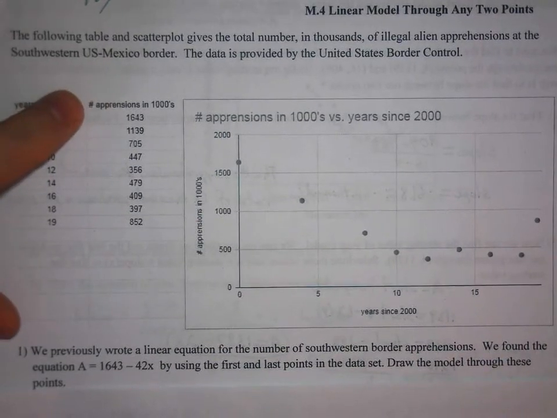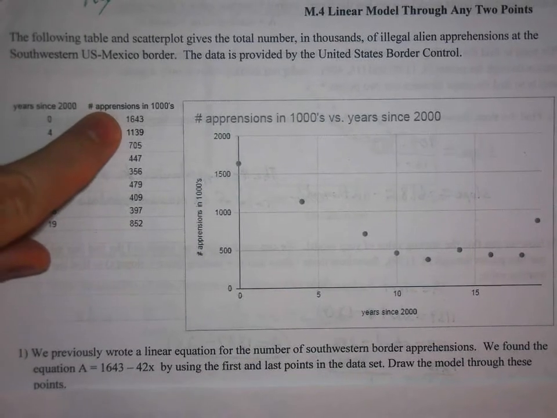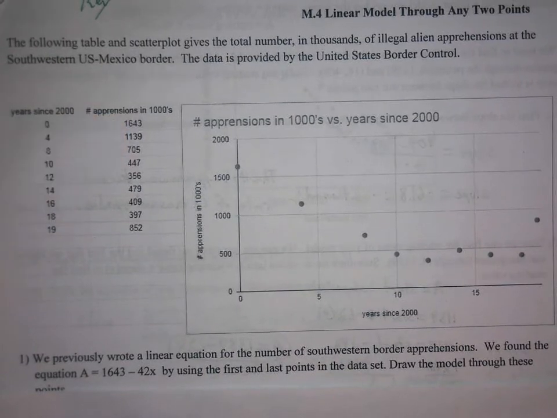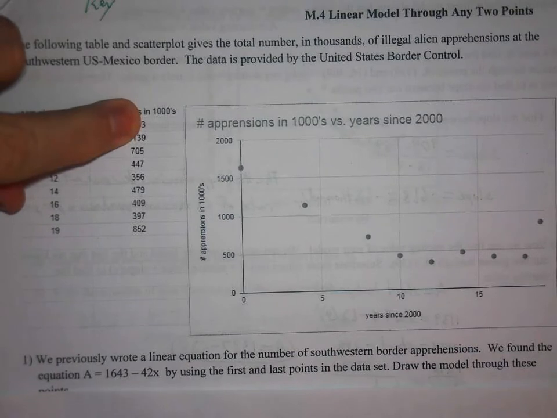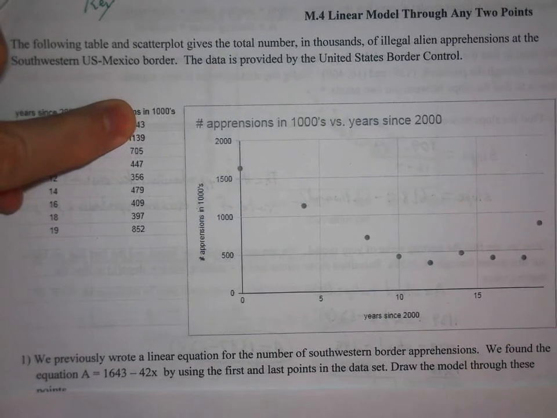The number of apprehensions are in thousands, so that 1,643 does not mean 1,643. It means 1,643,000. So as far as what number that is, remember that just the 3 would represent 3,000. 43 would represent 43,000.